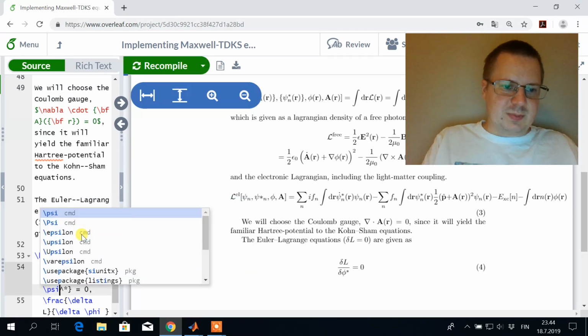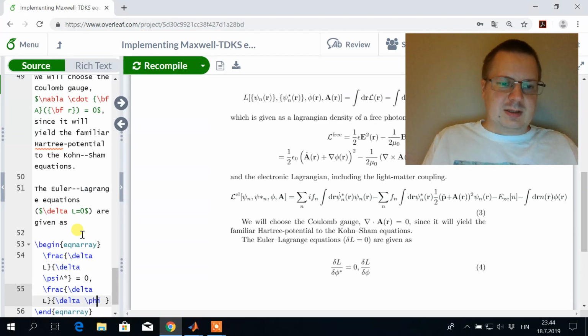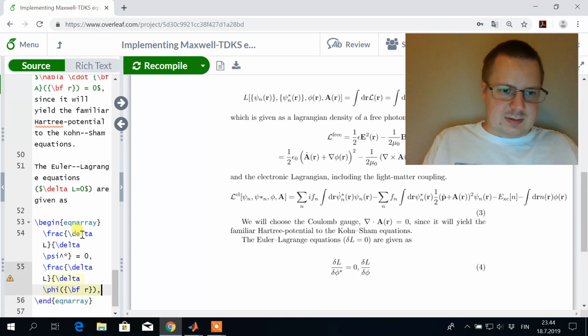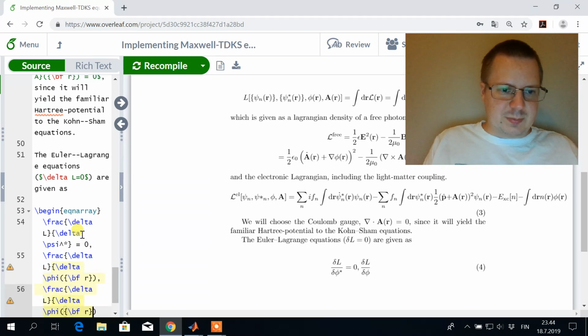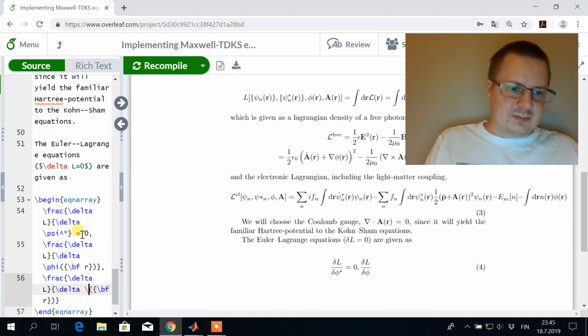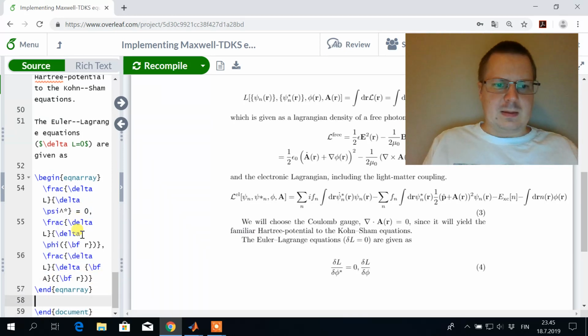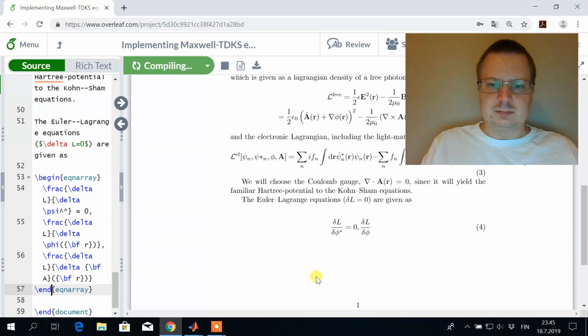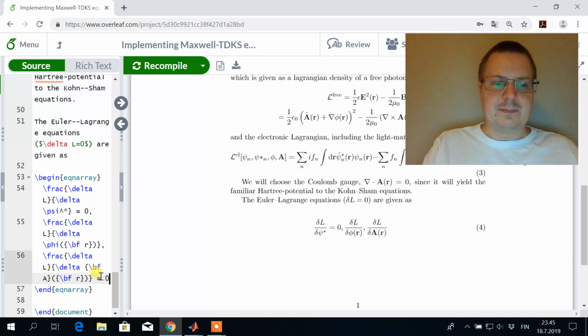So this is with respect to wave functions. This is with respect to the scalar field, and then we need also with respect to the vector potential. So these are now functional derivatives.